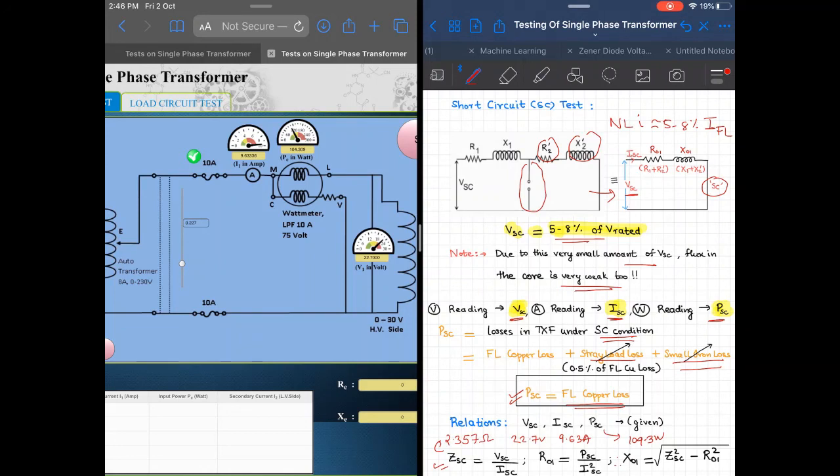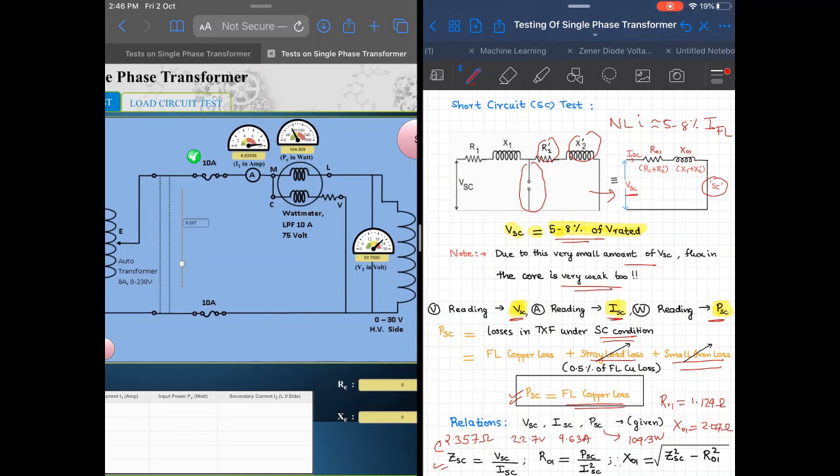Similarly, from this equation, we get R01 as 1.124 ohms. Therefore, we can obtain X01 as ZSC square minus R01 square, and we will get X01 as 2.07 ohms.